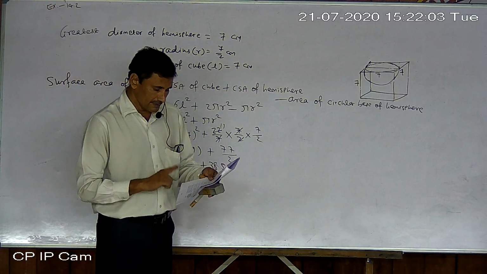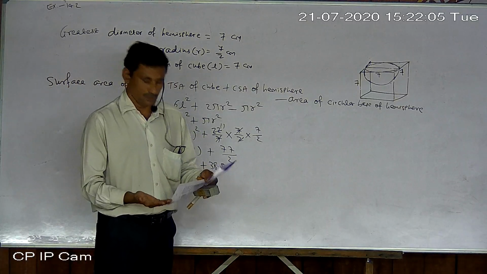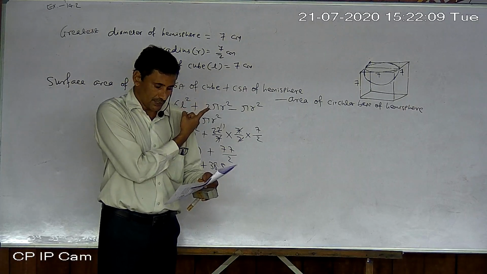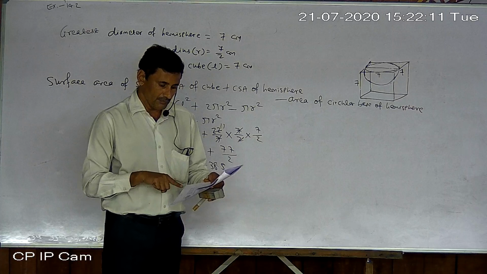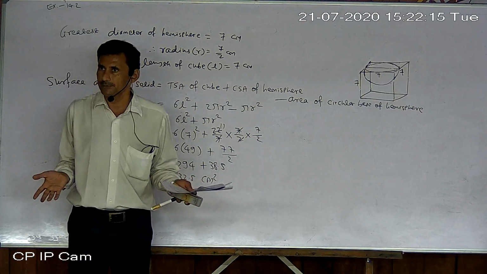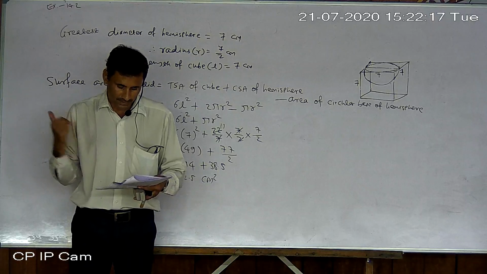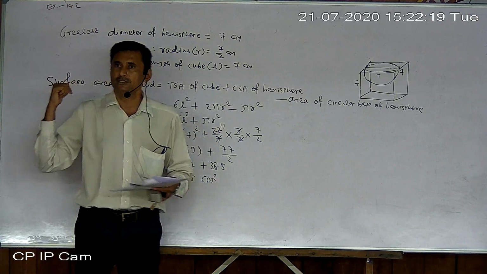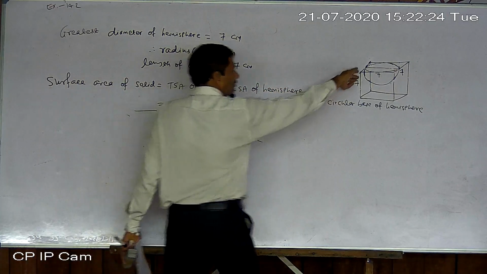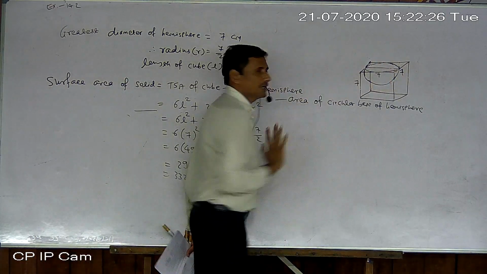A hemispherical depression is cut out from one face of a cubical wooden block such that the diameter L of the hemisphere is equal to the edge of the cube. Edge of the cube means length of the cube. Okay. So determine the surface area of the remaining solid. So same type of case again. Only instead of mounting, here a depression is there.